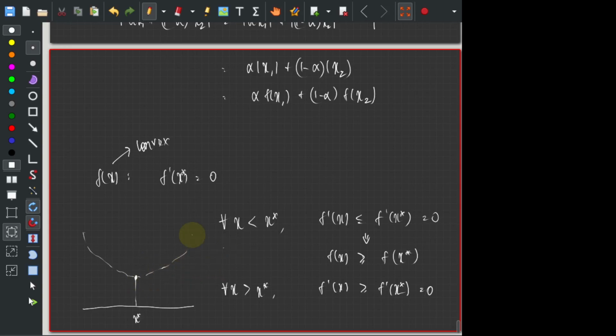It can never decrease beyond that point. So what can you say about f of x? It's always greater than or equal to f of x star. Therefore, this should be a point of minimum. It may not necessarily be the unique point of minimum, but it is certainly a point of minimum.